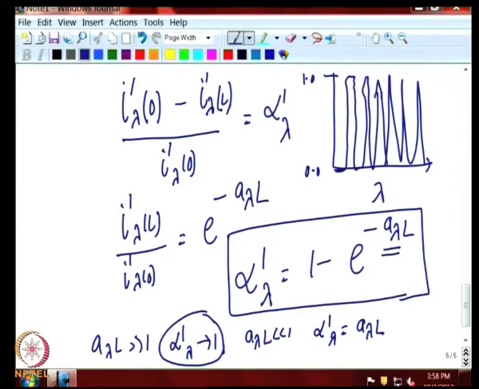So, most of the difficulties that one has faced in solving problems in radiative heat transfer has been on account of the rapid variation of the directional spectral absorptivity with wavelength. This is a problem which people have been struggling to handle for the last 100 years. Today, the main advantage we have is an access to a high speed computer, which enables us to do large number of computations every second.